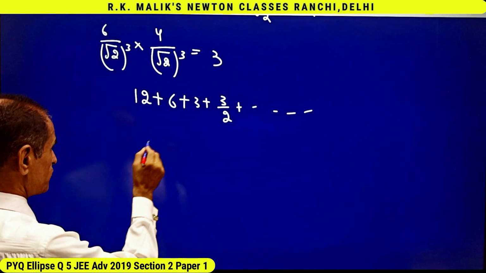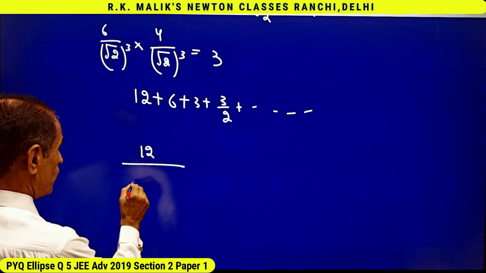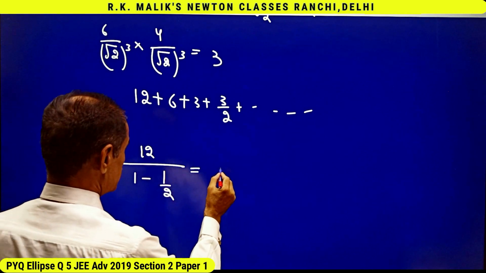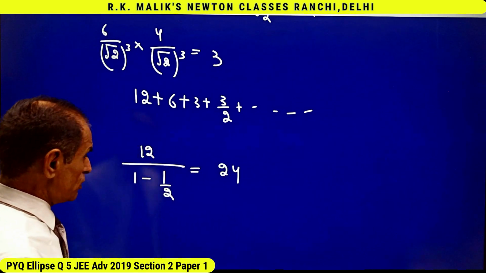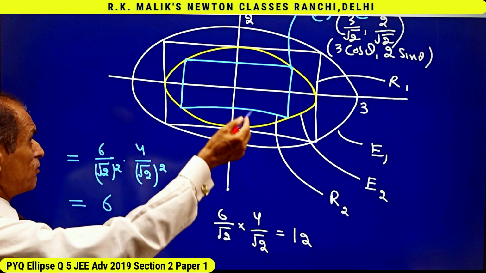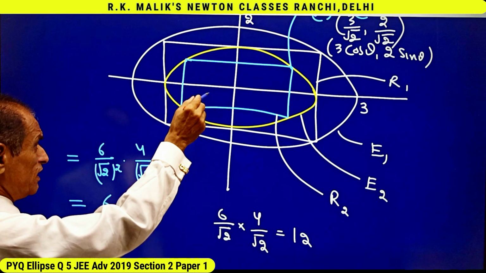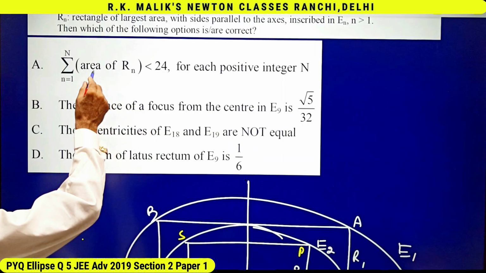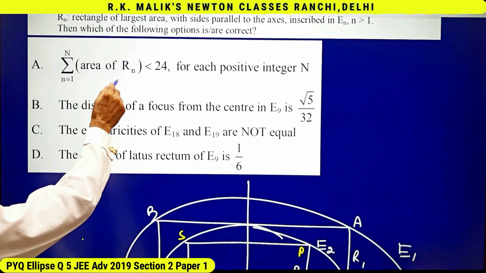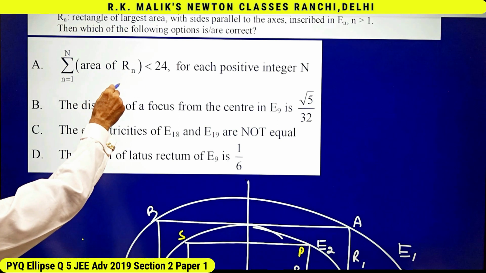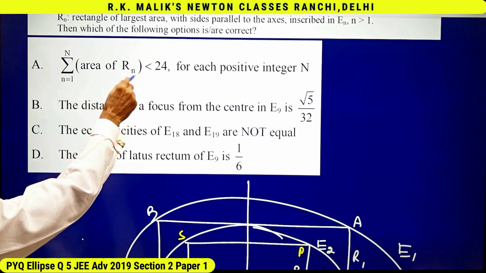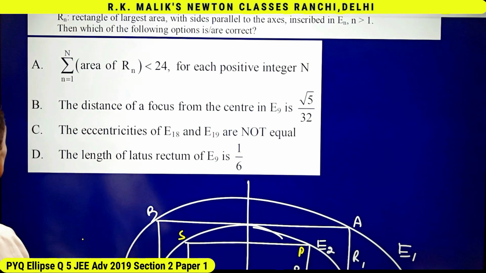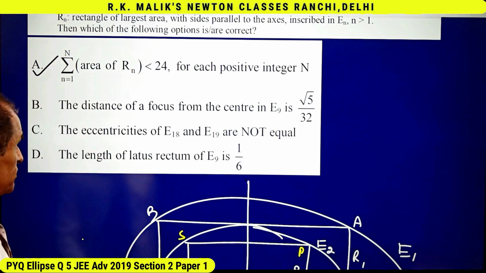Therefore, the sum of the areas will become 12 upon 1 minus 1 by 2, that is 24. That is, I can say the sum of the areas of all the infinite number of rectangles is 24. That is why the sum of the areas of a finite number of rectangles will be less than 24, however large the value of n is. Therefore, choice A becomes correct.